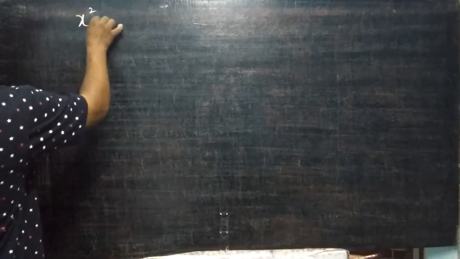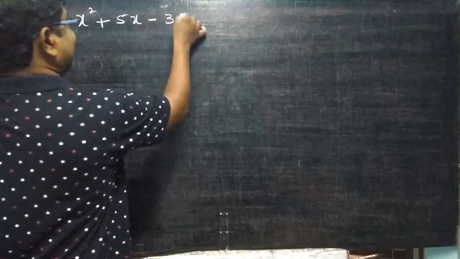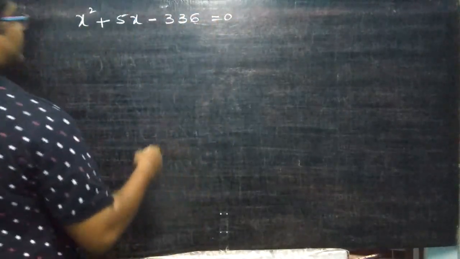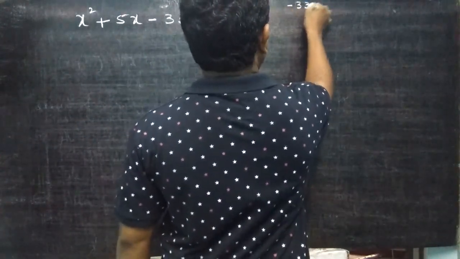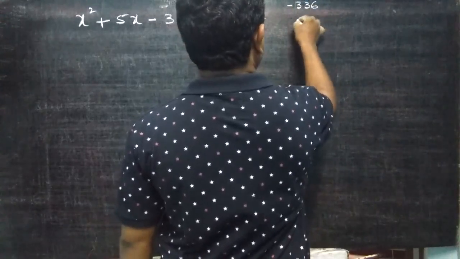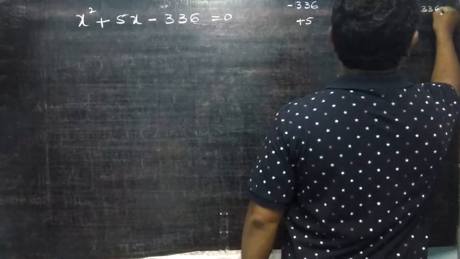Now second bit. They told us to solve the equation. We got the equation x square plus 5x minus 336 is equal to 0. Now find the factors. When we multiply, 336 should come. When we simplify, plus 5 should come. In such a way we have to take. Find factors for 336.